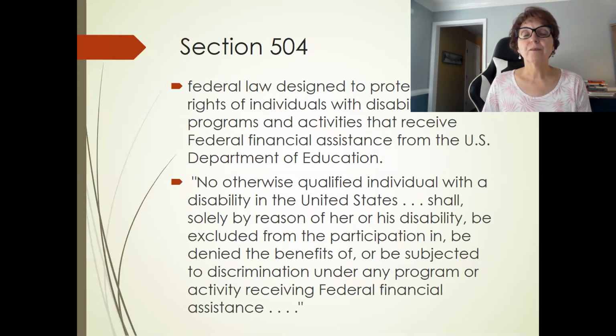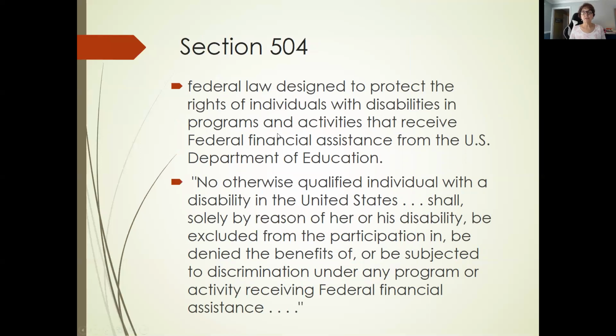Okay, so a little bit more about Section 504, and we did talk that it is to provide legal protections to students with disabilities in any programs and activities that receive federal financial assistance from the U.S. Department of Education.